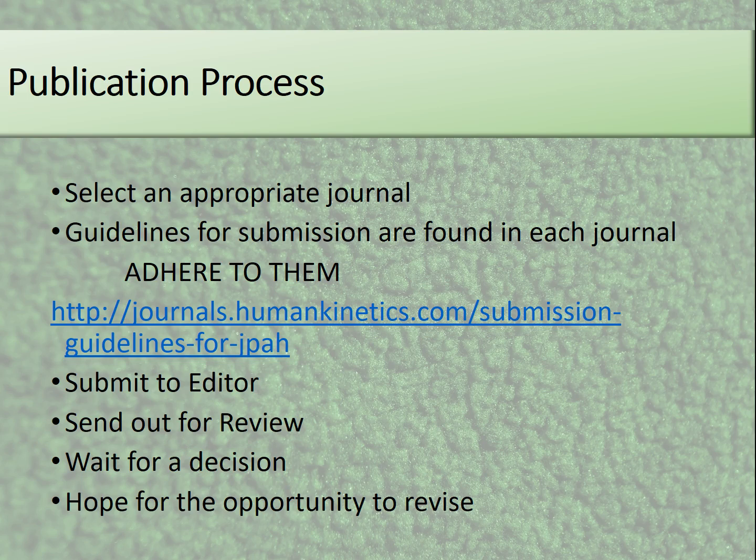Also, select a recent issue as the guidelines may have changed from older issues. The guidelines usually explain the journal's publication style. Submit to the editor or online manuscript center. Send out for review. Wait for a decision. Hope for the opportunity to revise.